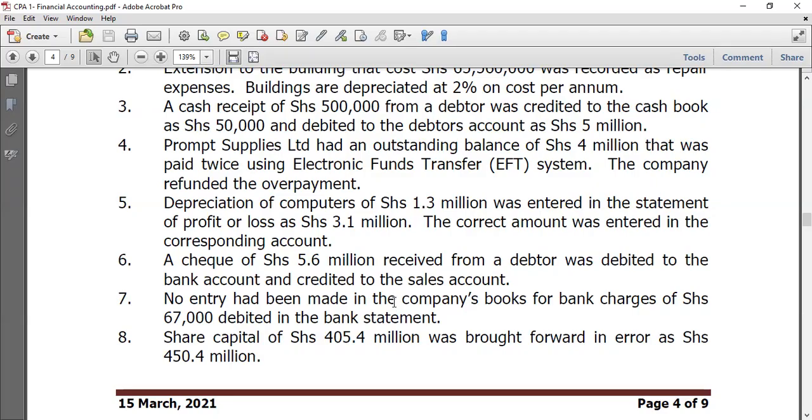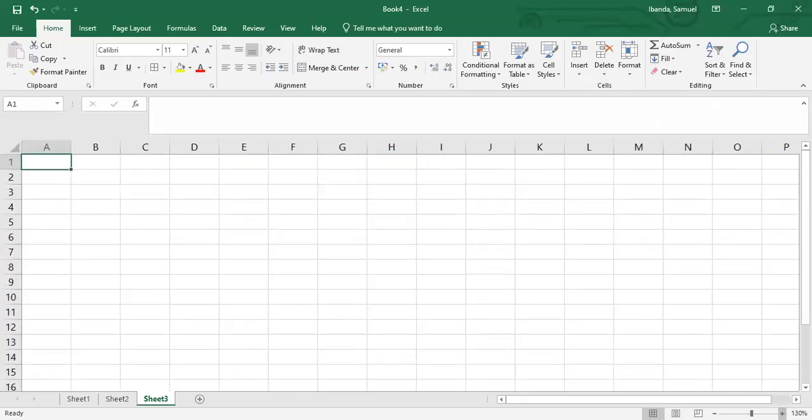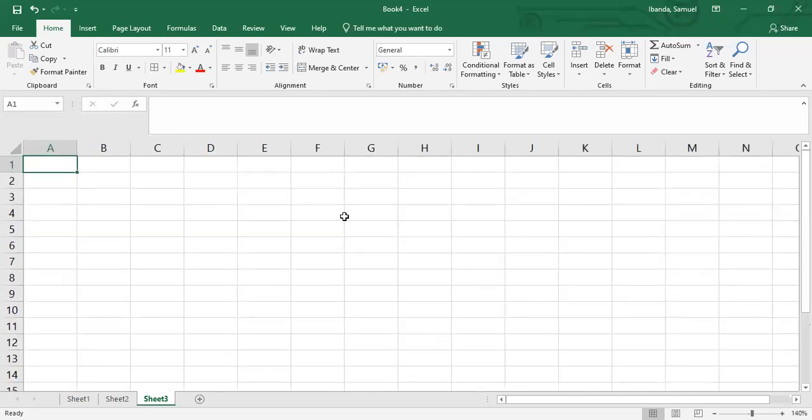Now ask yourself, by the time somebody is a debtor in your books, have you recognized the sale already? Remember, let's look at the accounting of the debtor. How do debtors come into place? Debtors come into place when we sell items on credit.